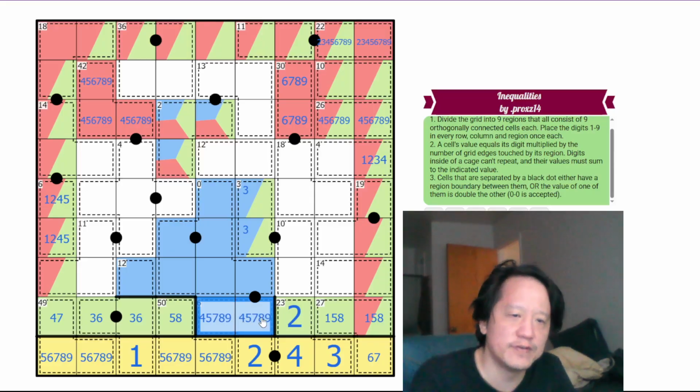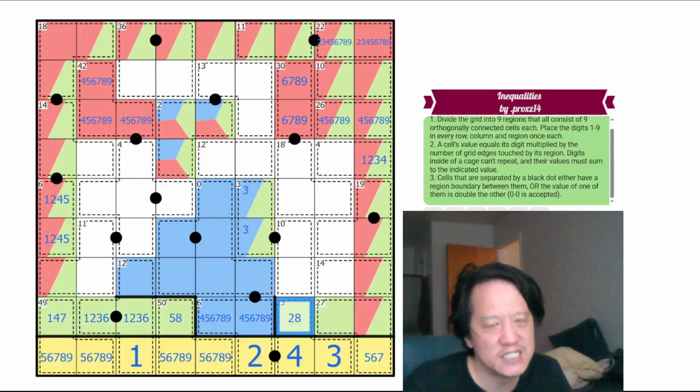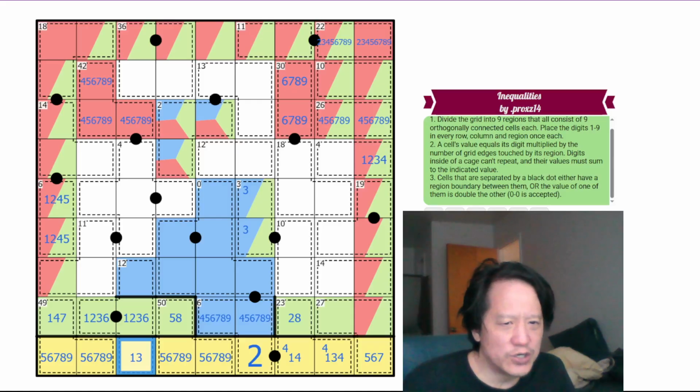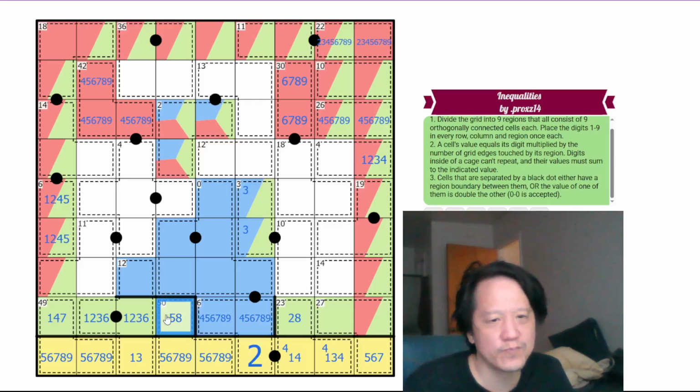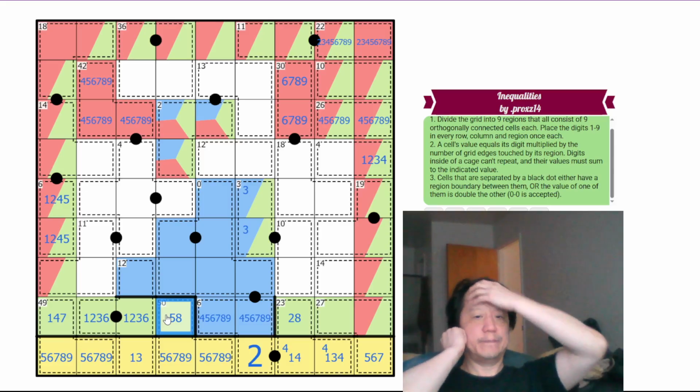That eliminates 5 and 8 here. So it could be 4 9 or 7 9 here. Either of those works fine. So unfortunately, that doesn't help. No real restrictions there.